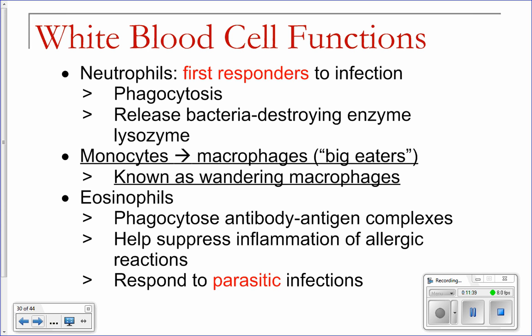They're also important in suppressing inflammation and allergic reactions. So how many of you have ever gotten a cut, right? And then it gets kind of red, and no, nobody's ever gotten a cut. I'm sure. So you get a cut, right?